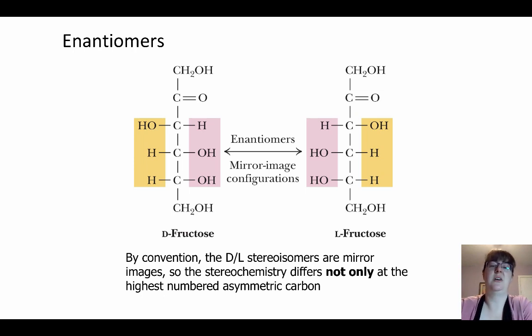Looking at all the different chiral carbons, what you see here is that you've got this lovely set where everything is exactly opposite. Everything that was on the left on one side is on the right on the other. So they're not just different at one place, they're different at all of them. And that's what's going to give us those mirror images.